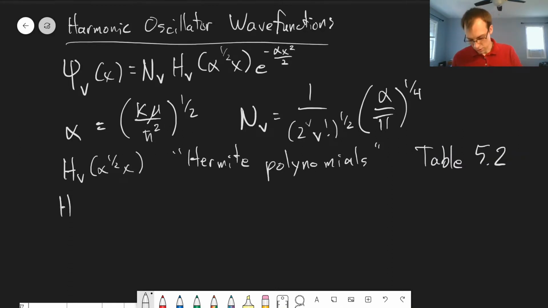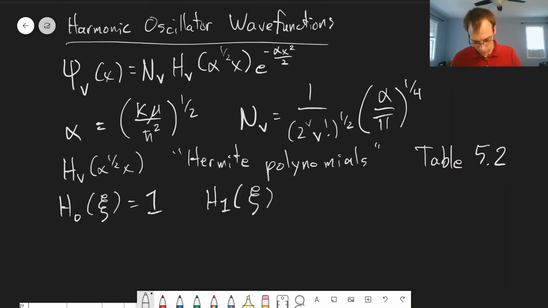But H, when v equals 0, we'll just use another variable here, zeta. So the first one's really simple. It's just equal to 1. H1 is equal to 2 times whatever our variable is here. And remember, our variable is alpha to the 1/2 times x.